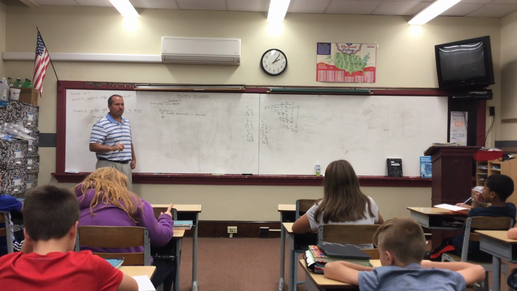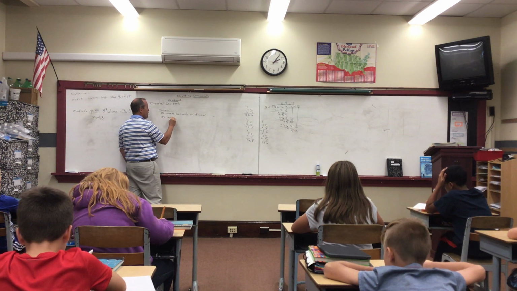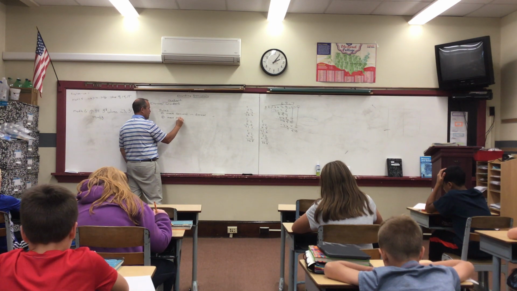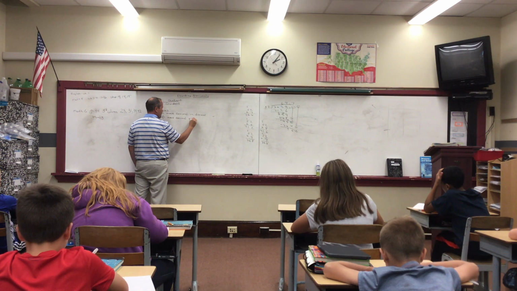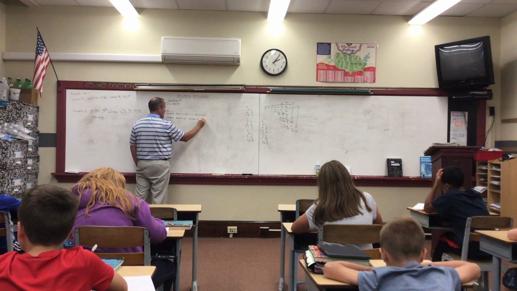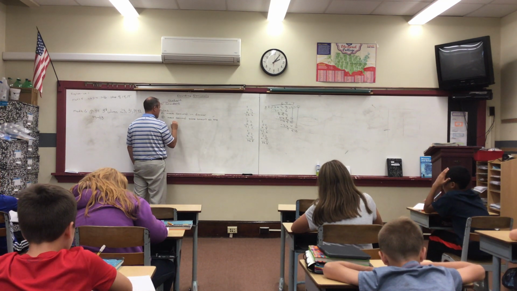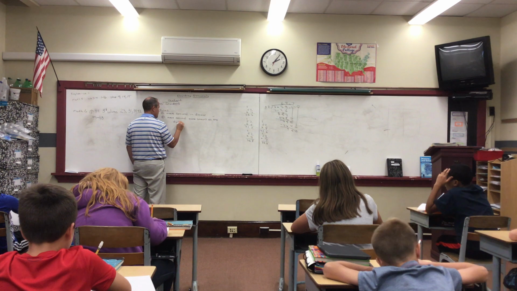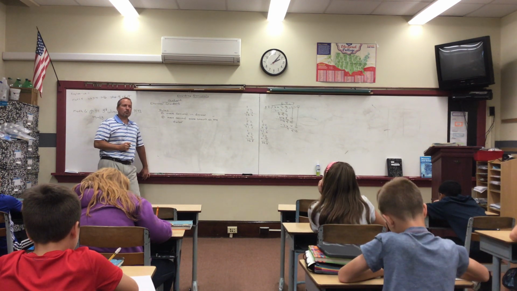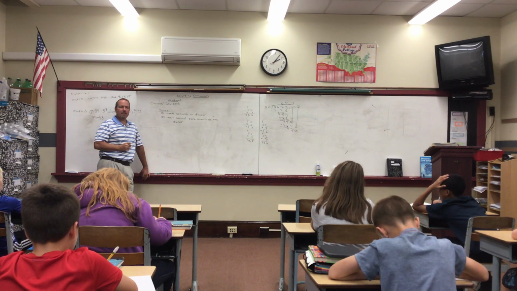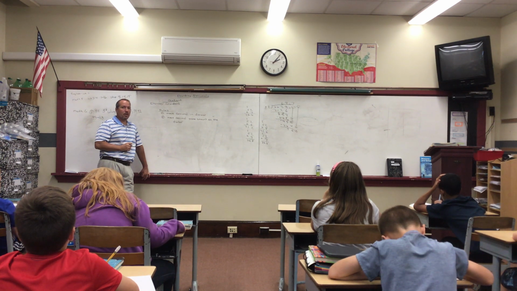Step 2: we're going to move the decimal in our dividend the same amount as the divisor. So if we move the decimal 2 places in the divisor, we move the decimal in our dividend 2 places. If there is no decimal in the divisor, we don't need to move the decimal in the dividend.